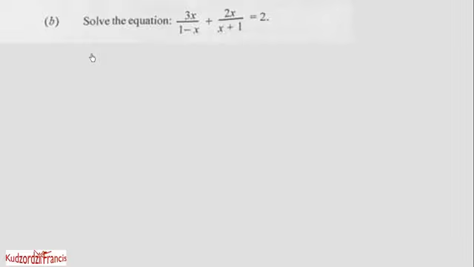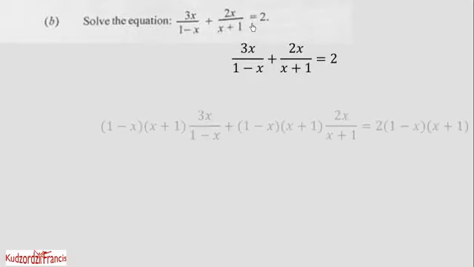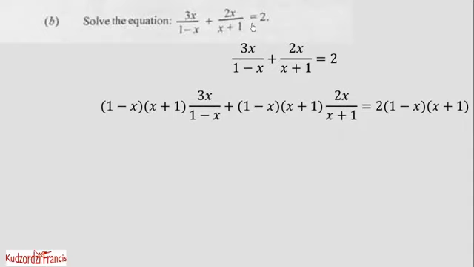Now let's move on to this. We are solving this equation: solve the equation 3x over 1 minus x plus 2x over x plus 1 is equal to 2. So we find the LCM, which is 1 minus x, then x plus 1.